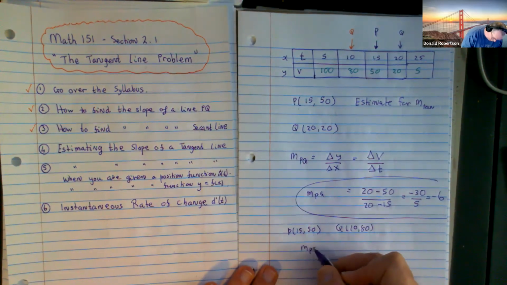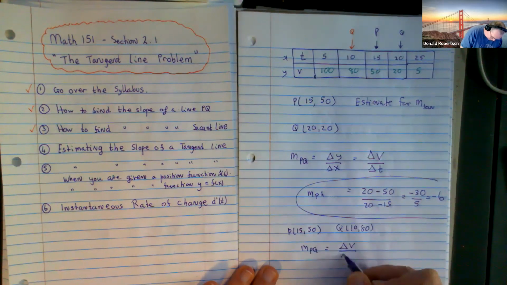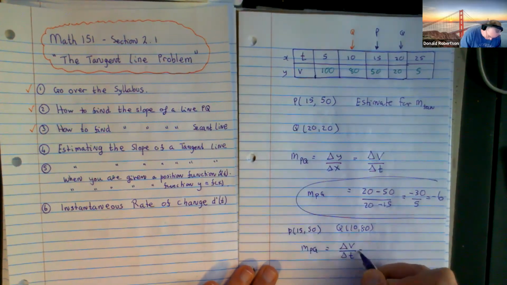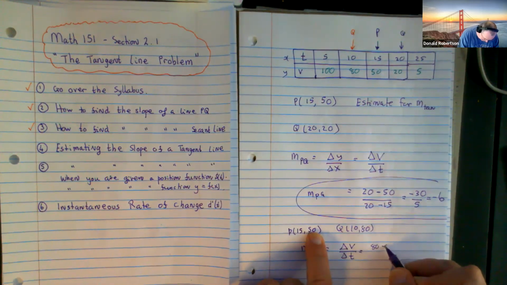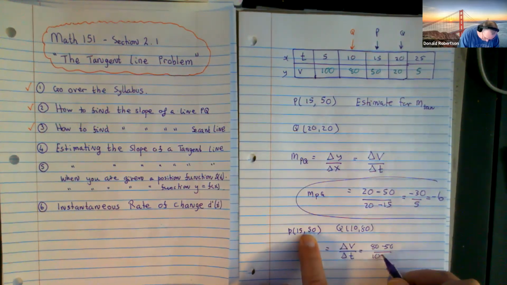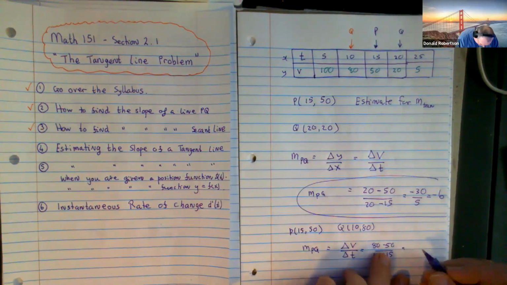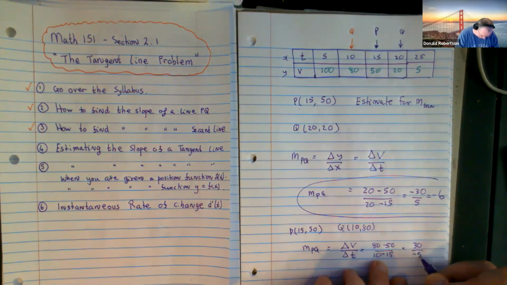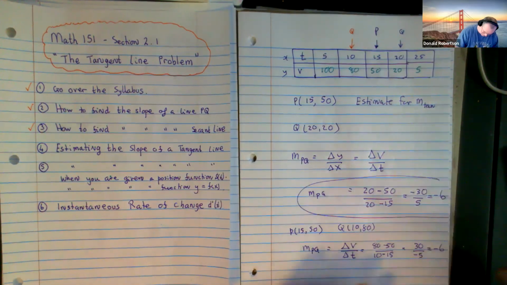The slope joining P to Q is going to be the difference in the volume divided by the difference in time. 80 take away 50. 10 take away 15. This number here is 30. This number here is, oh, that was a fluke, but kind of nice.